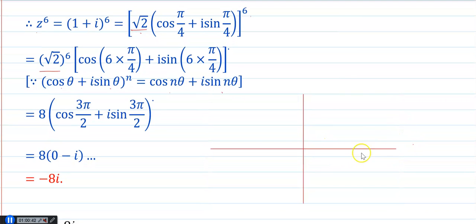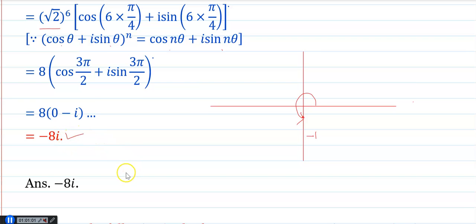This is here. The value of cos of 3 pi by 2 is 0 and sin of 3 pi by 2 is minus 1. Okay, that is here. And here, its value is 0, it's minus 1. And overall, you are getting minus 8i.